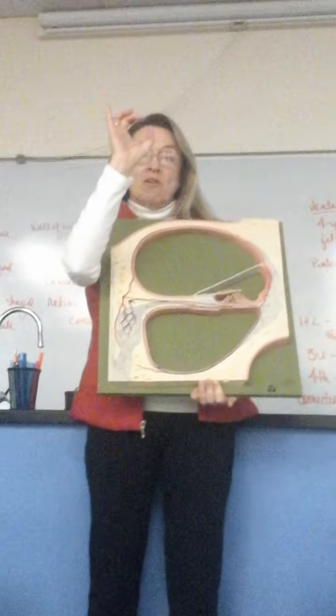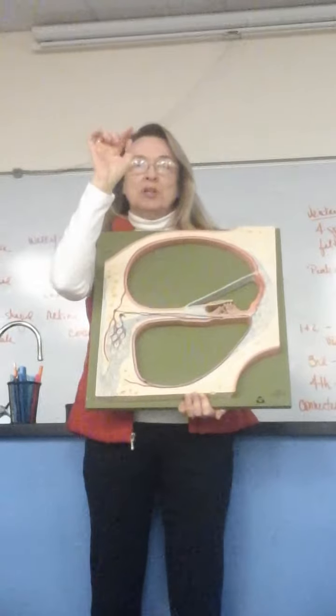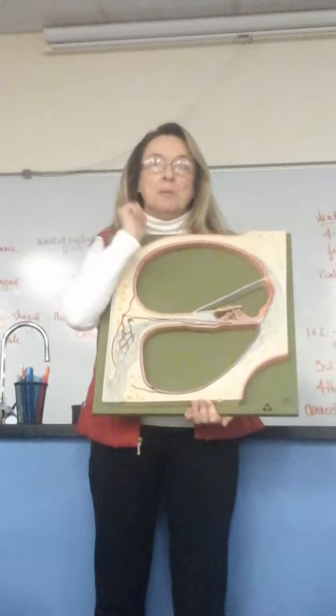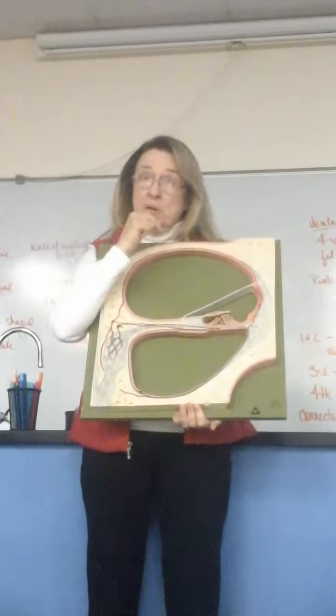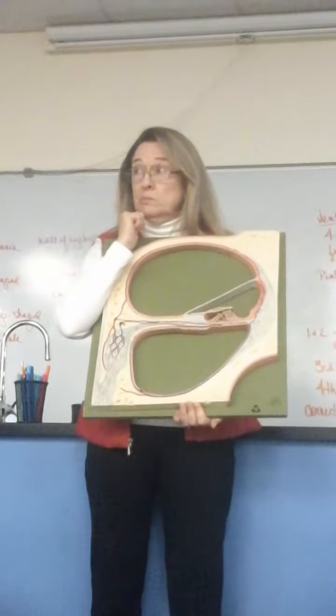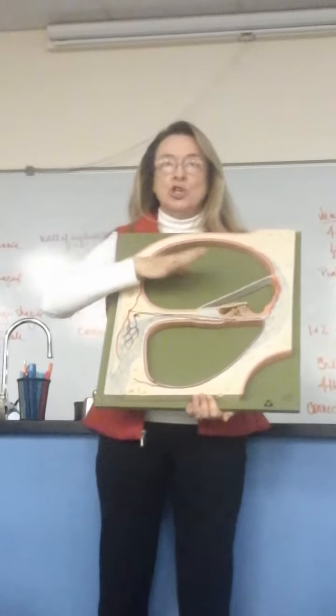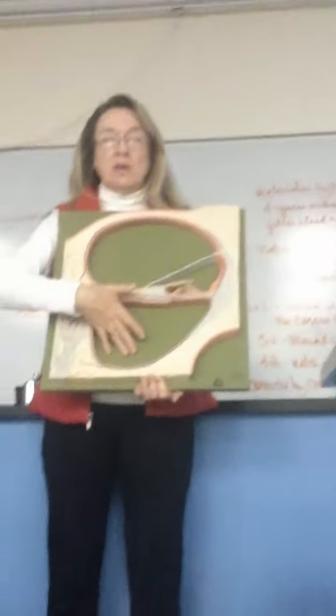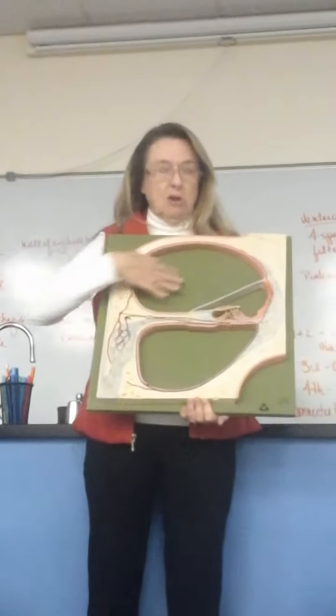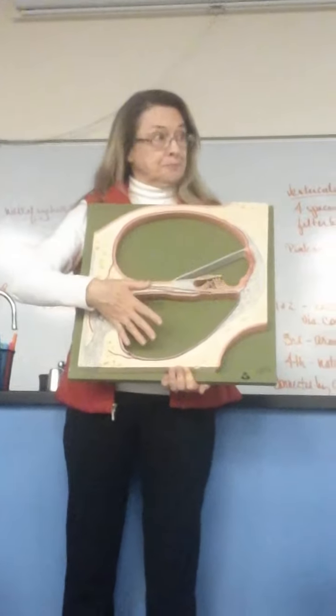Now this coil is divided up into compartments. You've got three compartments, and you have membranes that do that as well. So we have two big compartments that we're going to identify, and all of this is filled with fluid.